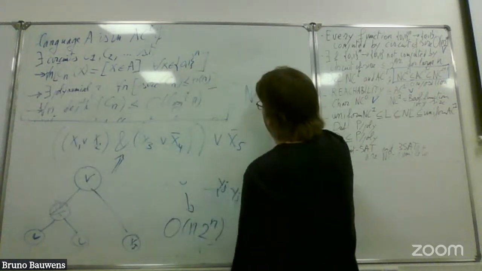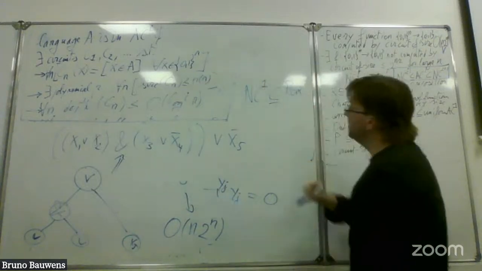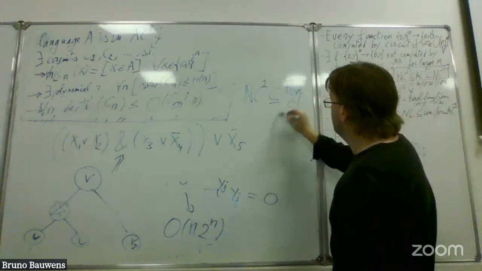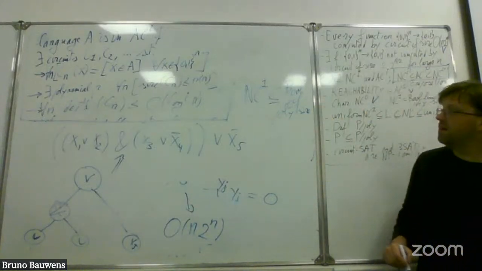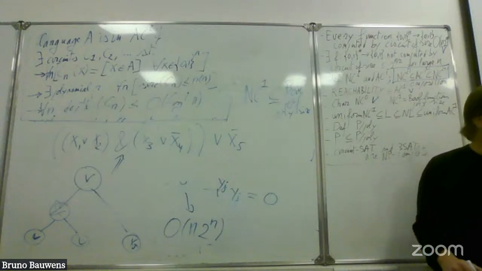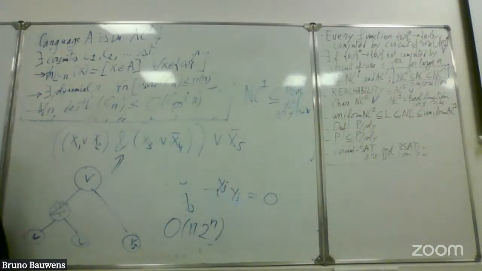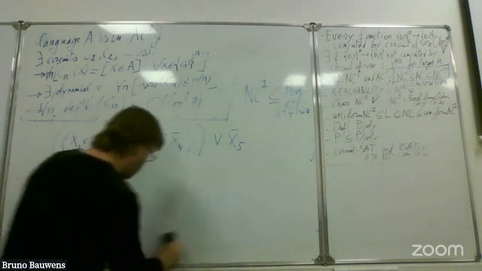We are proving that NC1 is in the class of Boolean formulas of polysize. Each gate is copied at most polynomially many times, because we copy it for each output, and there are polynomially many outputs for each gate.